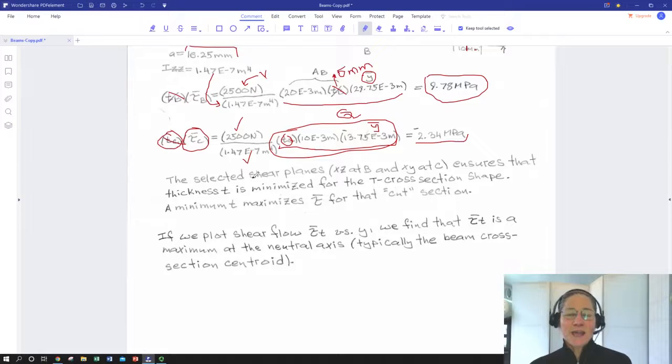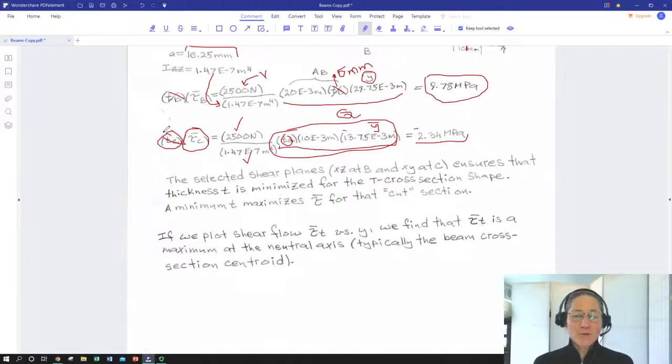So just to recap, we've selected shear planes that ensure we have a minimum thickness t, since all other things being equal, those will lead to a maximum tau bar. In this case, there was no dependence because it canceled out of both sides of that area expression for Q. But if that weren't the case, they would still point us to the minimum.